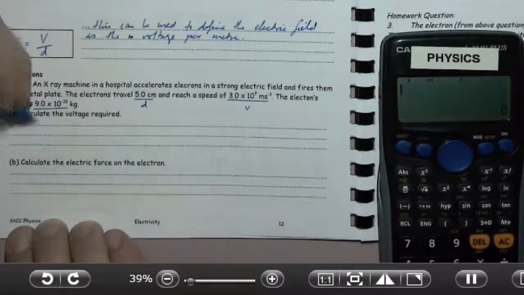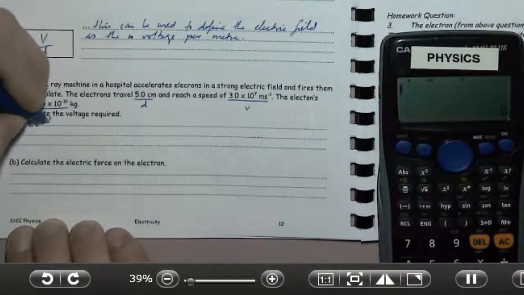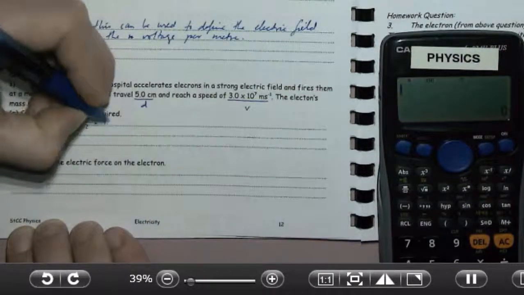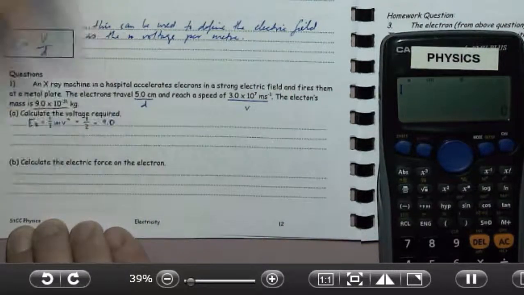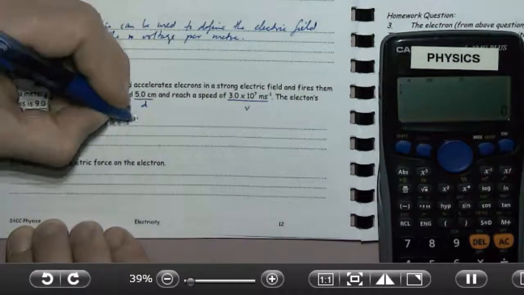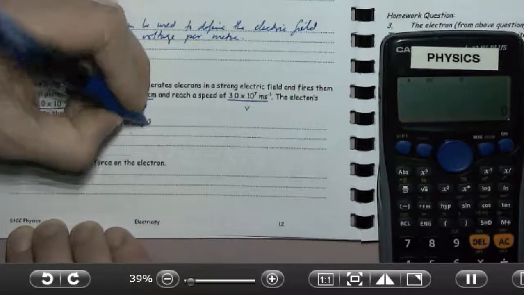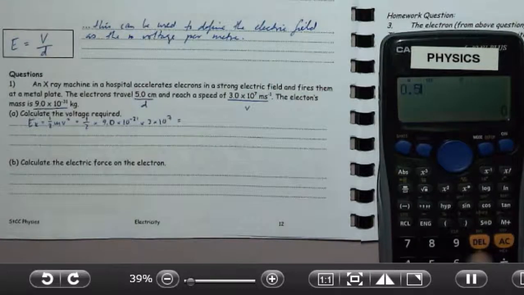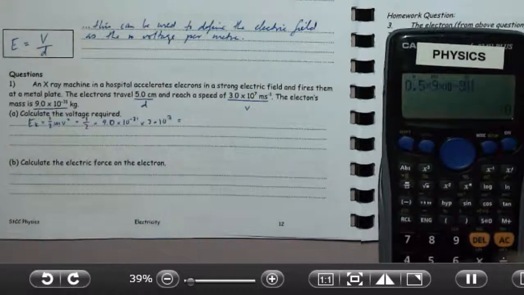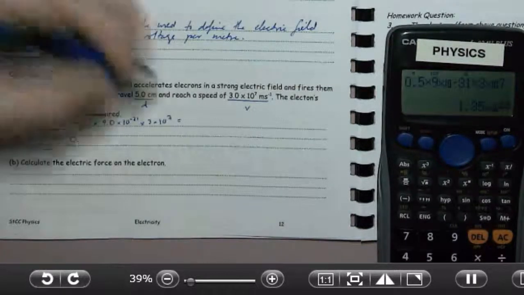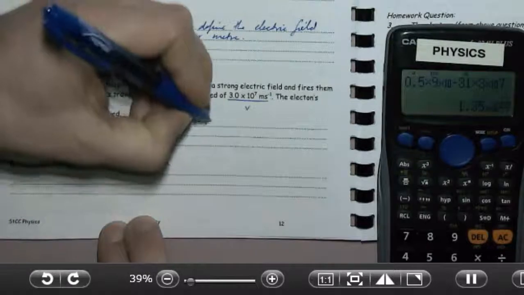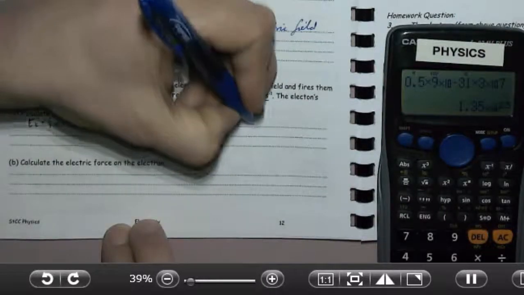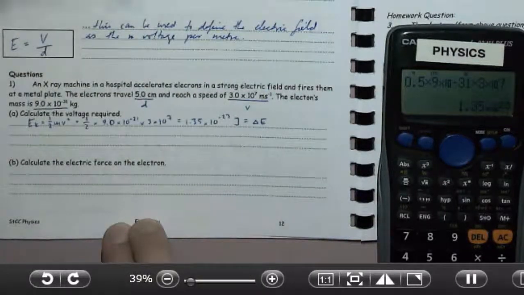We use the fact that EK is equal to half mv squared, which in this case is equal to a half times 9.1, or 9.0 it says, times 10 to the negative 31 times 3 times 10 to the 7, which is equal to 1.35 times 10 to the negative 23 joules, and that must be equal to the change in electric potential energy.